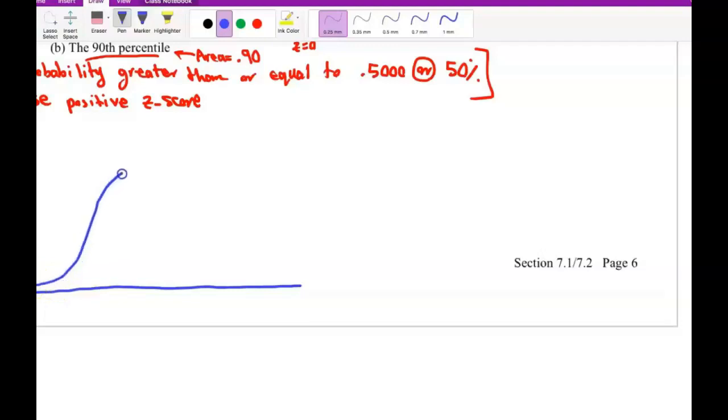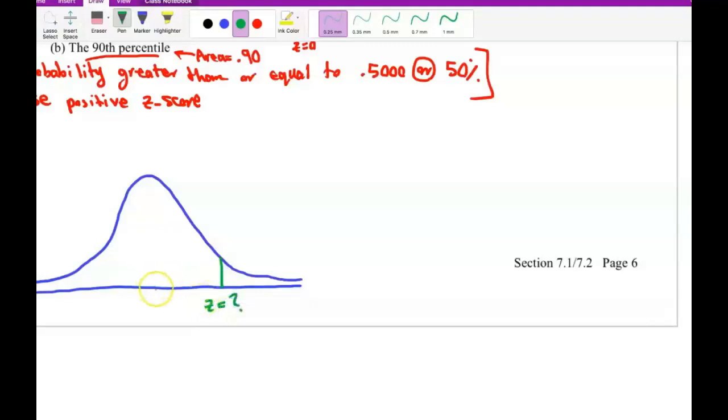Okay, I'm trying this one. Since we have positive, so in between we have 0. This is kind of okay. Let me retry. Okay. So Z should be somewhere here. And here Z is 0.